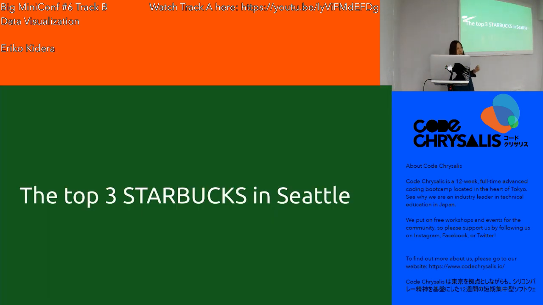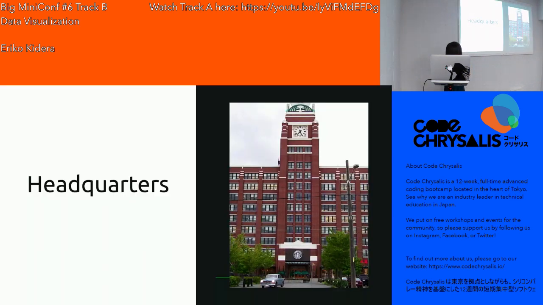But before the demo, let me introduce Starbucks a little. In Seattle, there are 3 special Starbucks stores. First is the headquarters of Starbucks. In the headquarters, there is a very beautiful Starbucks.